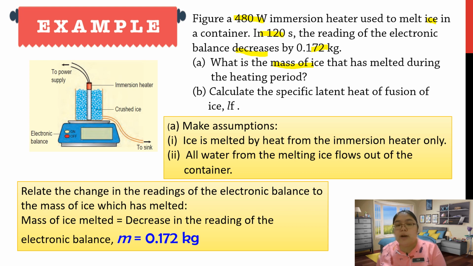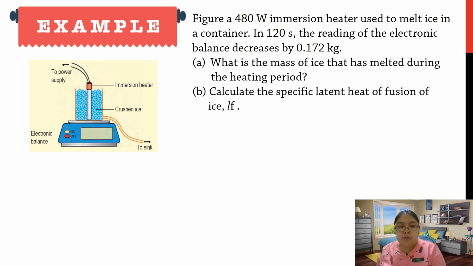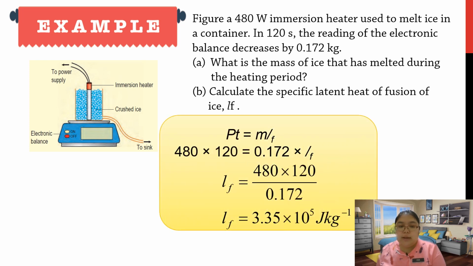Second one, they want you to calculate the latent heat of fusion of the ice. From here, we need to apply the formula Pt = ml. The quantity we need to find is l. So we create the equation: P is 480, t is 120, and 0.172 is the mass.